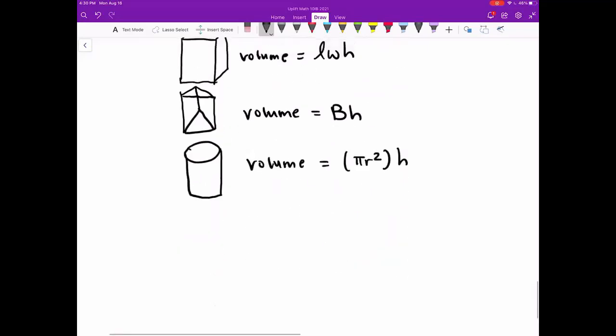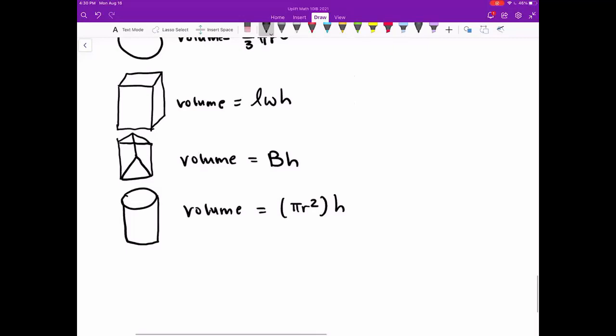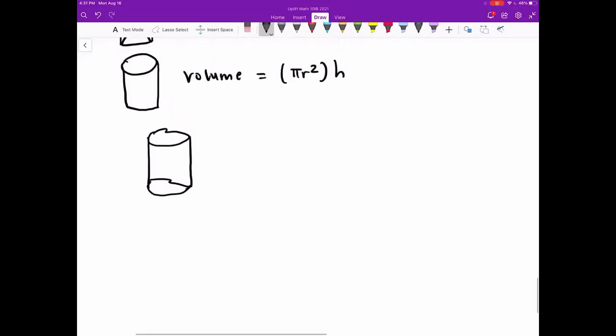Okay, so what is a cone? Oh, by the way, a prism is just any shape or object that has a top face and a bottom face, the same, connected by, I don't know how to describe this, but you guys probably know what a prism is already.